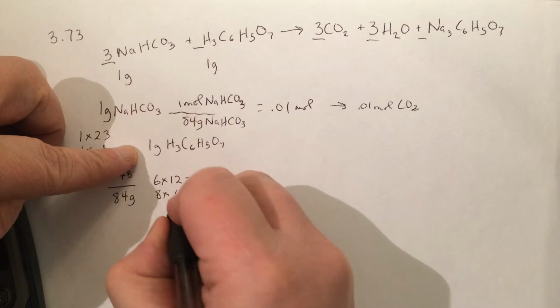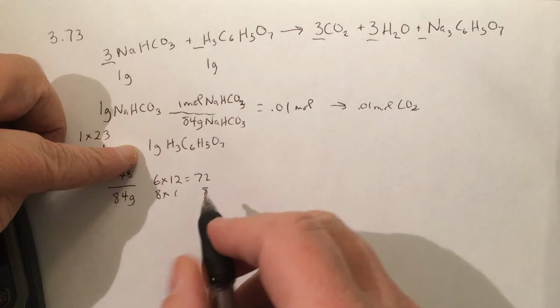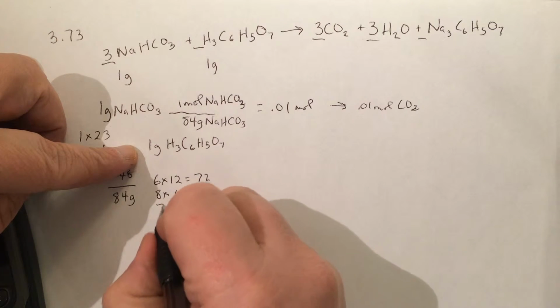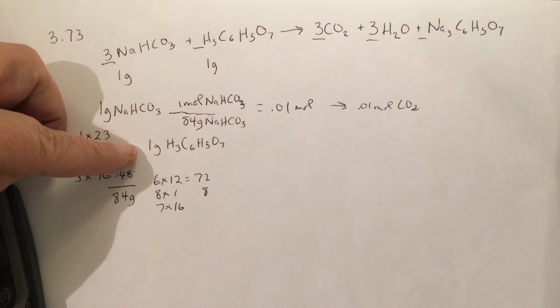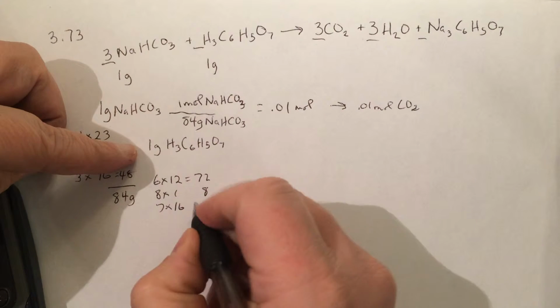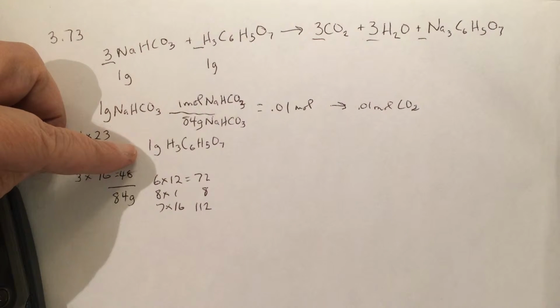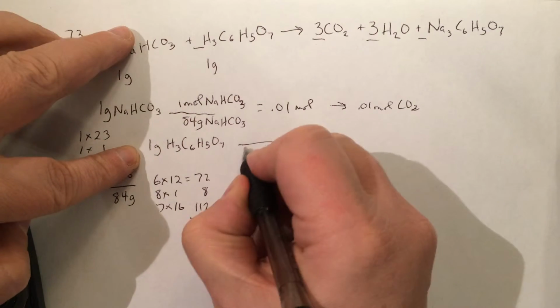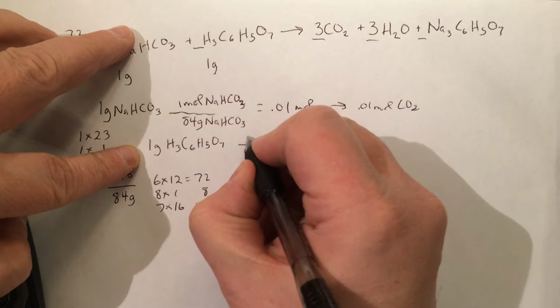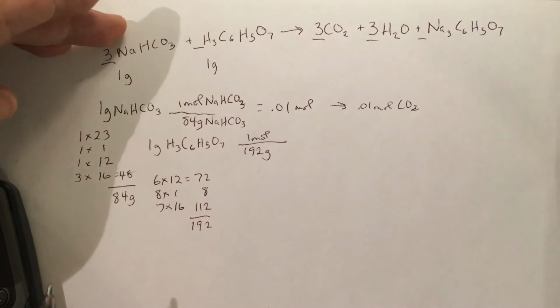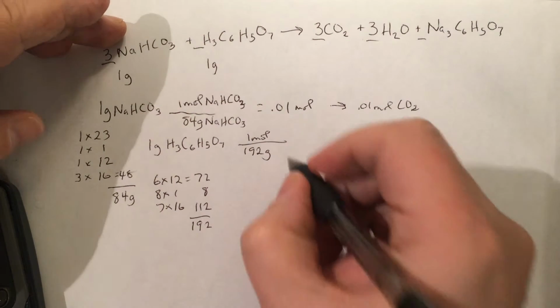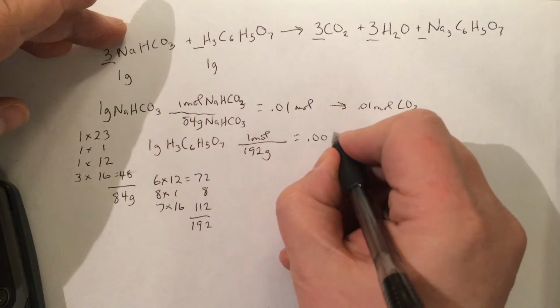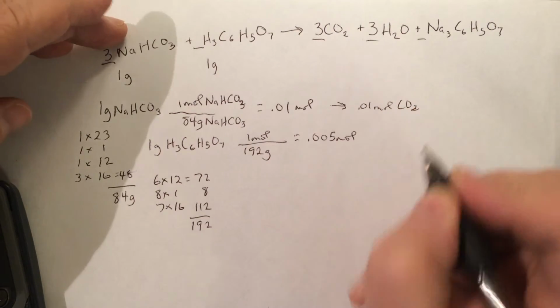So 8 times 1 is 8. And then 7 times 16 is 112. Plus 8 plus 72 is 192. So this is saying 192 grams per mole. Okay, so 1 divided by 192 equals 0.005 moles.